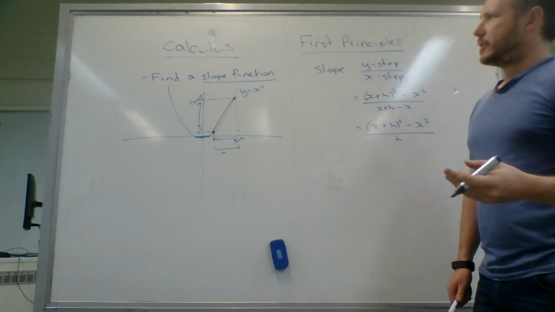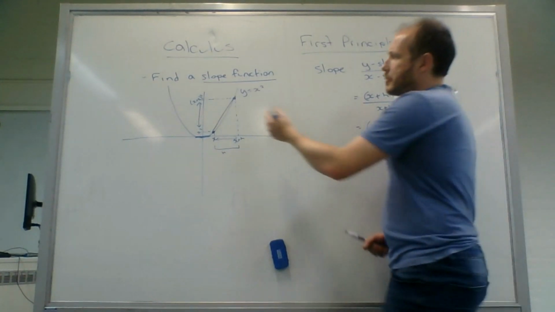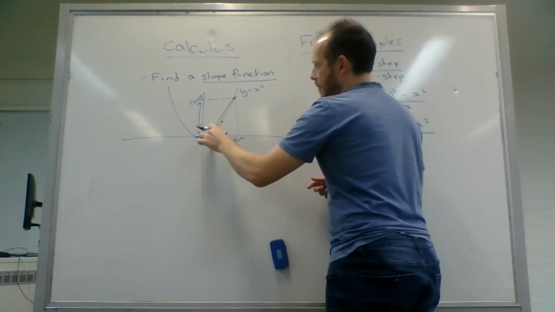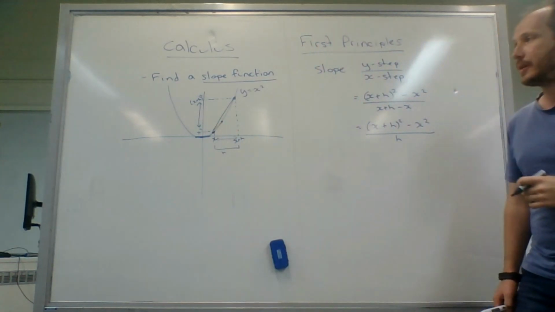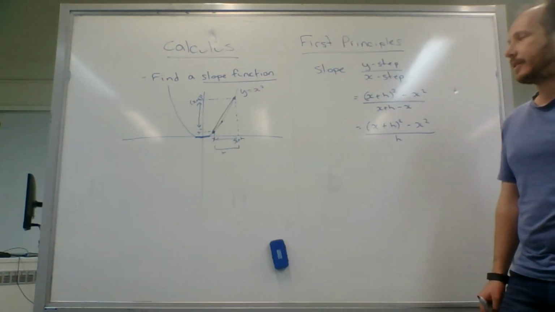Now, what we're going to do is use a concept called a limit to look at what happens. As we bring this point closer and closer down here, the approximation becomes more and more accurate for the slope at this point, because remember, we're trying to find the slope at the point x.